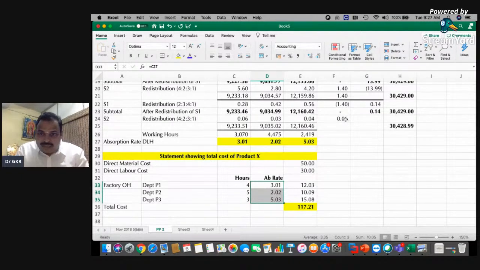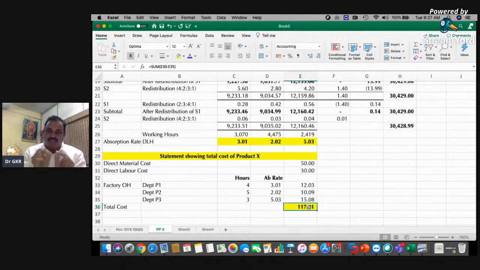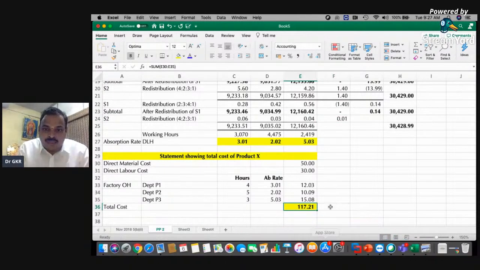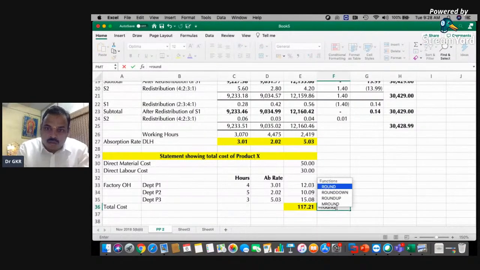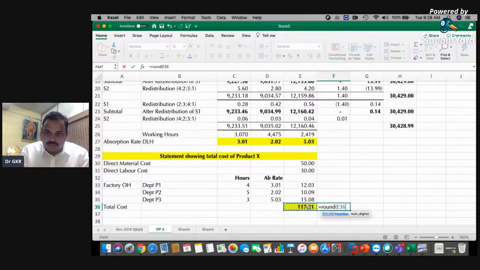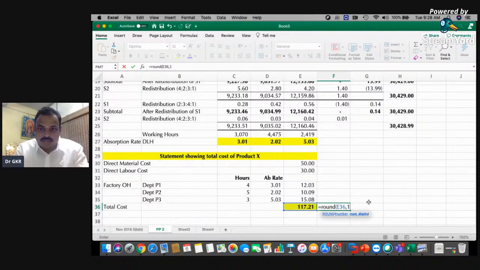Now here that 1 paisa I have ignored. So therefore, your answer will have an approximation of 1 paisa. You can always round this to the nearest paisa, or you can make it 1 digit only.